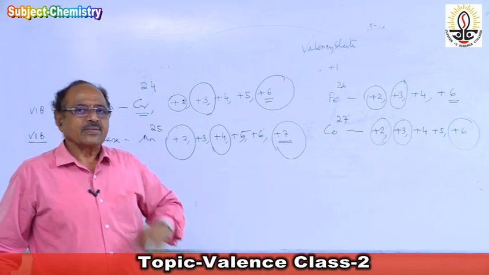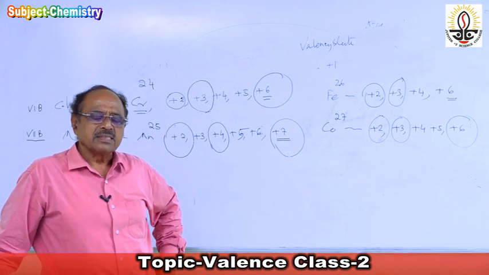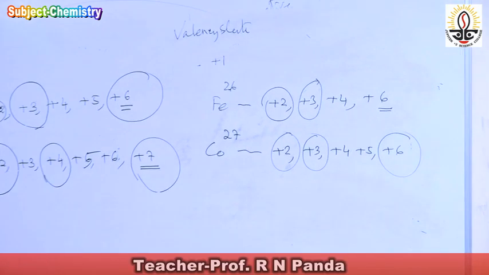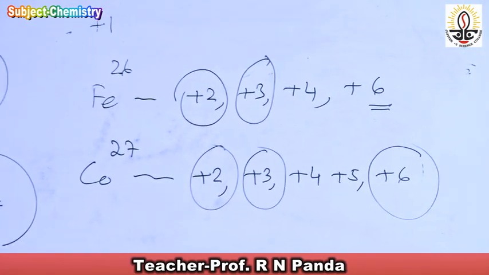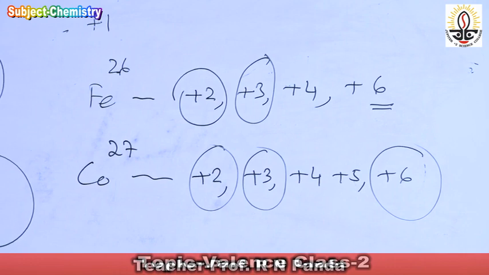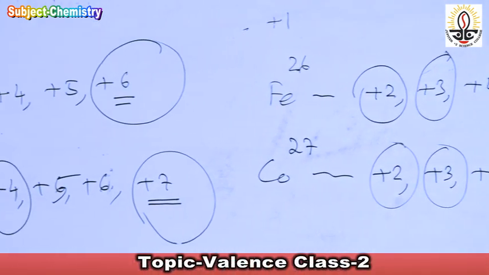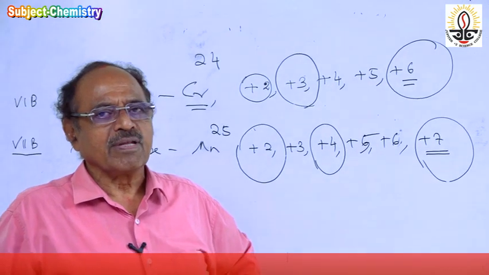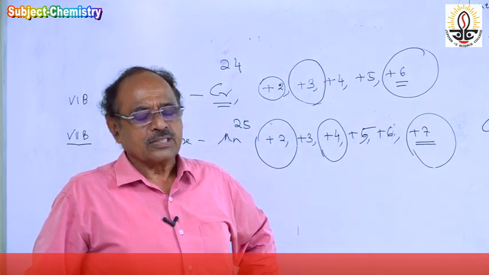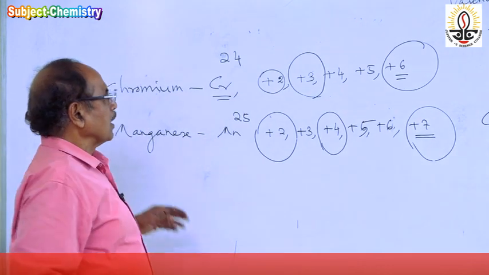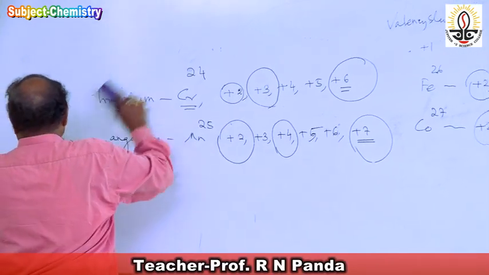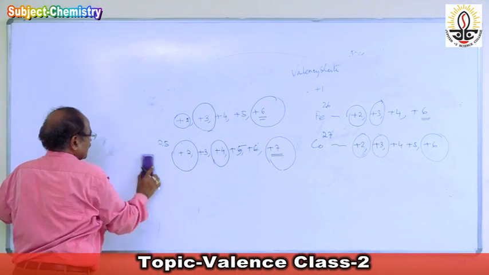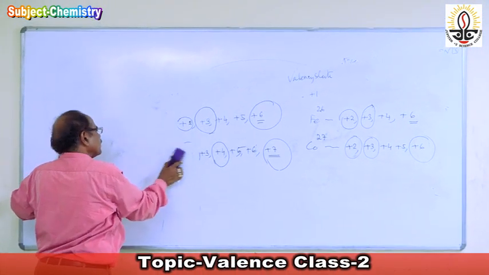Just try to understand that the elements belonging to the D block of the periodic table are called transition elements. They are highly electropositive metals, and they exhibit variable valency states. So this is normal valency state and variable valency state. There are so many elements.